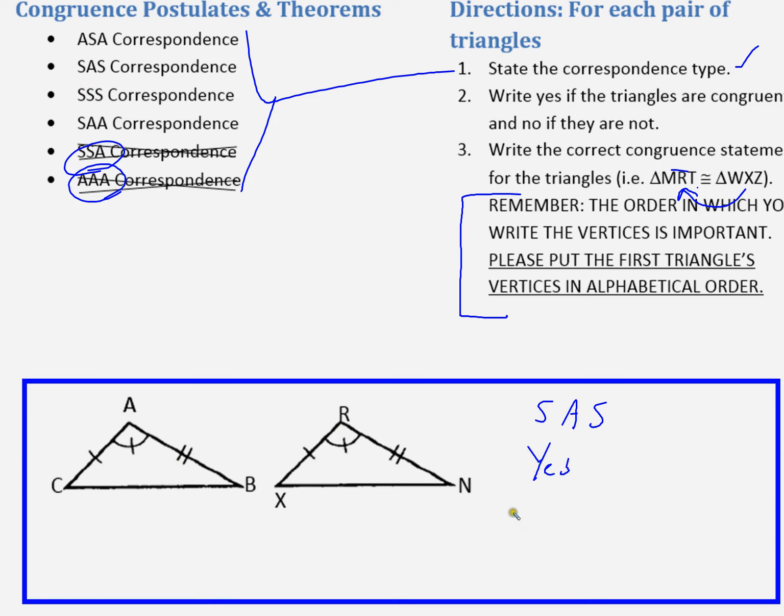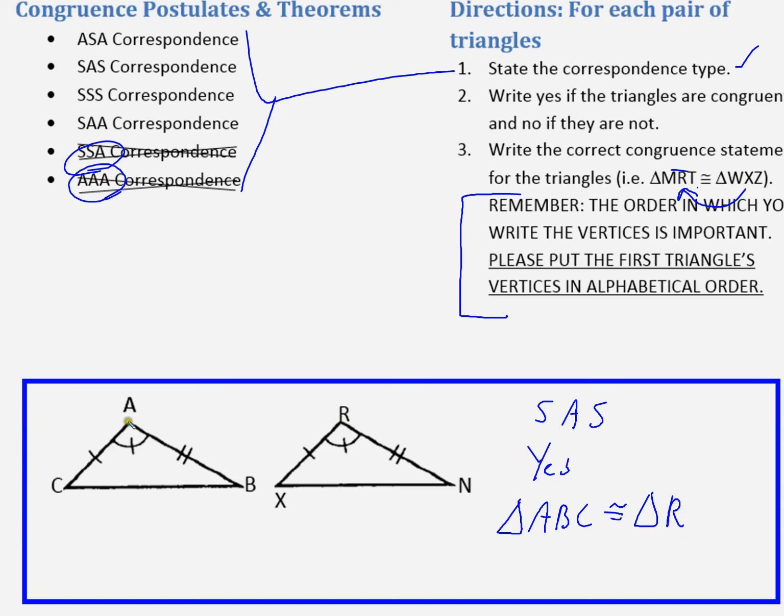And then we're going to actually write the congruence statement. This is what I mean by please put the first triangle's vertices in alphabetical order. This one, ABC, is in alphabetical order, so we're going to put triangle ABC. And the other one we have to put in the correct order. What corresponds to A? Well, that's R, so that comes first.